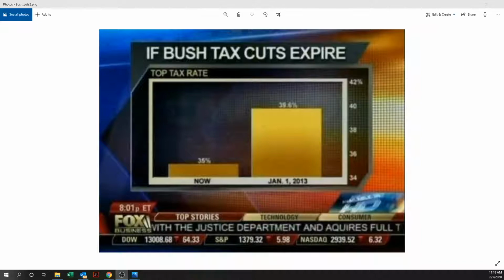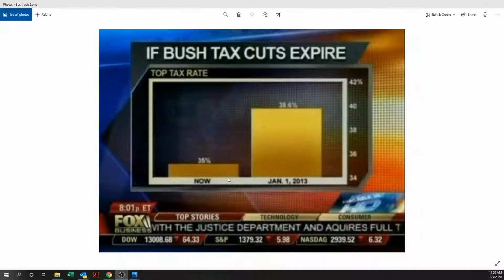However, pay attention to the scale. You can see the maximum is not 100%. It's only 42%. And if you look at the difference between these two bars, now it's 35%, and on January 1st, 2013, it's 39.6%. So the difference is only 4%.